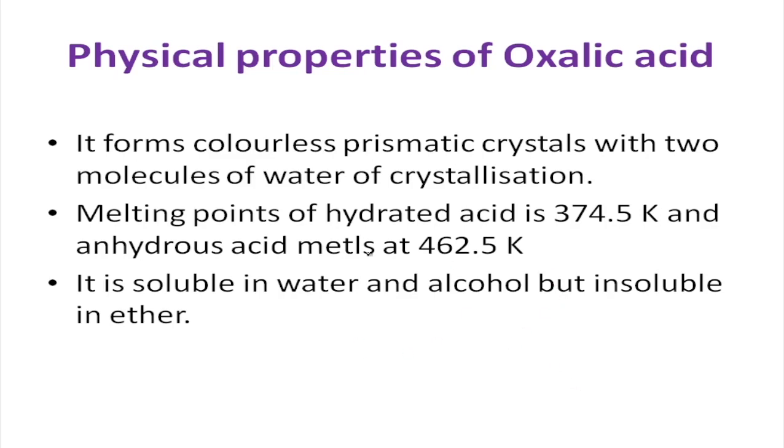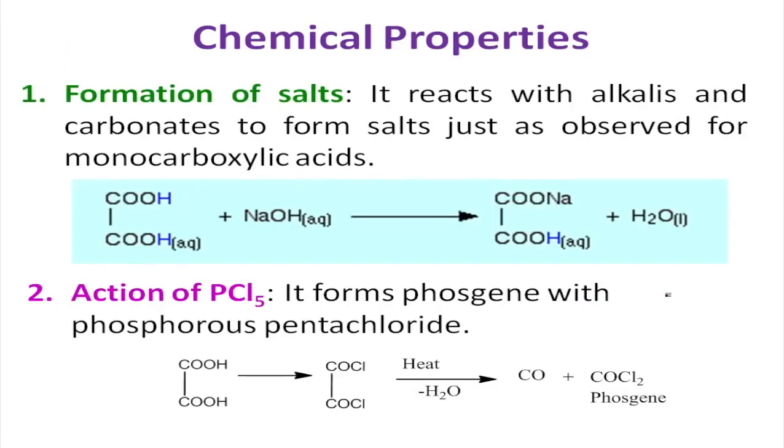Hydrated oxalic acid has water molecules and melts at 374.5 Kelvin; anhydrous has no water, only oxalic acid, and melts at 462.5 Kelvin. Number 3, oxalic acid dissolves in water and alcohol but is insoluble in ether.